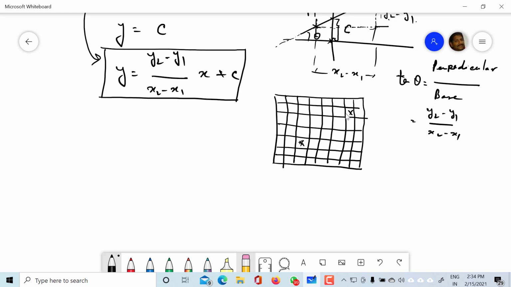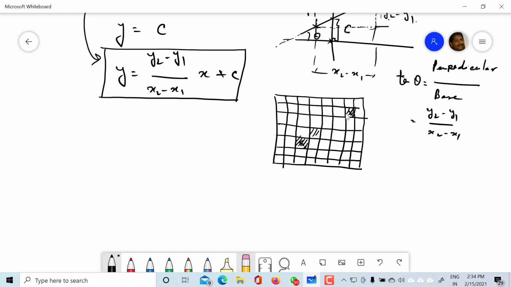So if this is a point on the line, and this is a point on the line, then these pixels will certainly be in the locus of the line. Now we have to decide what other pixels are in the path of line.